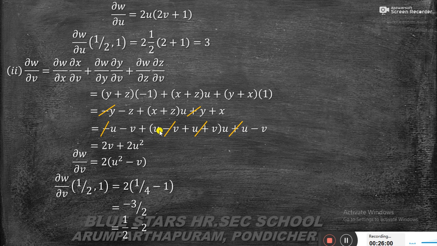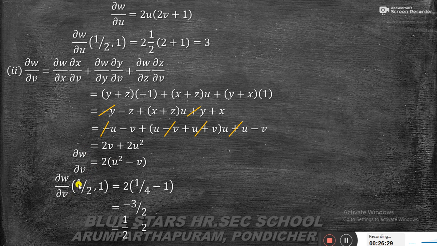So u and u, 2u into u is 2u square. Next minus v minus 2v, minus 2v plus 2u square. So dou w by dou v, we take the 2 from outside, so 2 into u square minus v. This is the equation for dou w by dou v.